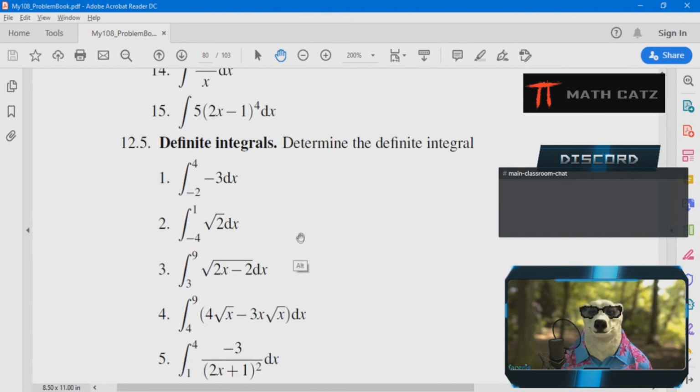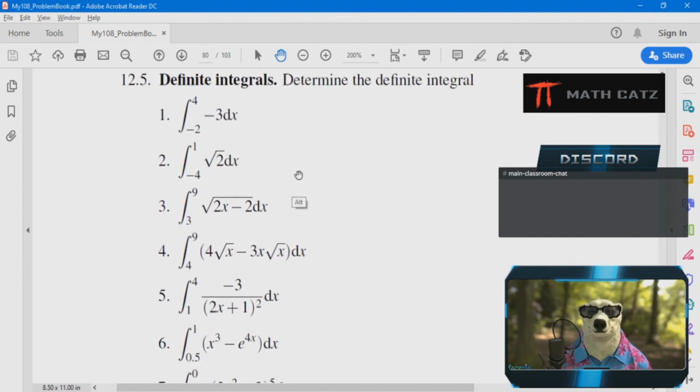So before we worry about the area more, I just want to make sure we are okay with the difference between an indefinite integral and a definite integral. There's a very slight difference in that when I have a definite integral, I still have to find the antiderivative and everything.